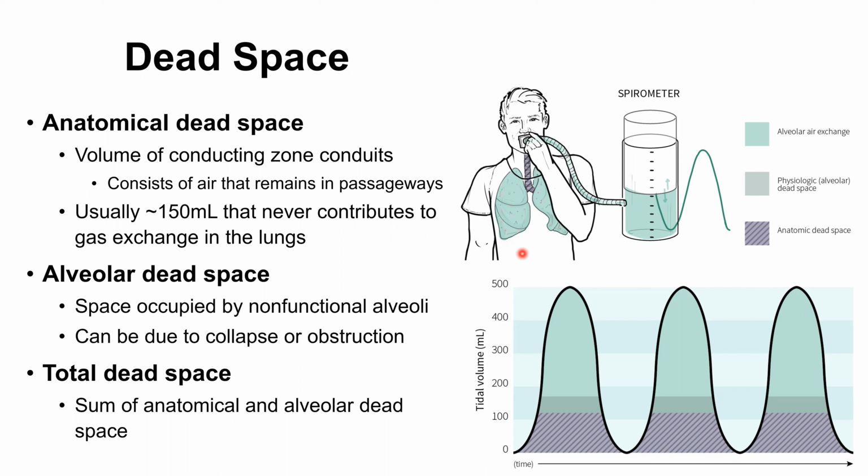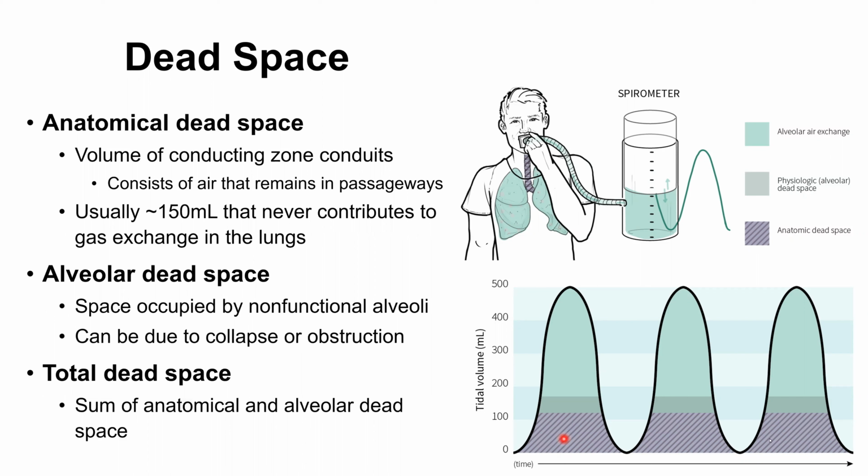The reasons that you might have some non-functional alveoli would be perhaps lung collapse or obstruction or some other sort of lung pathology that has functionally destroyed the alveoli. So our total dead space is the sum of our anatomical and our alveolar dead space.